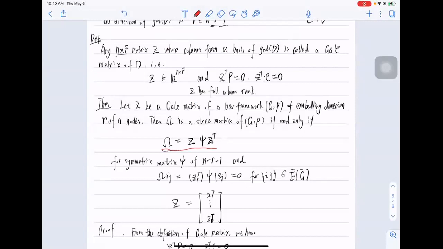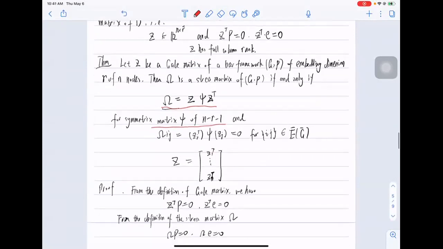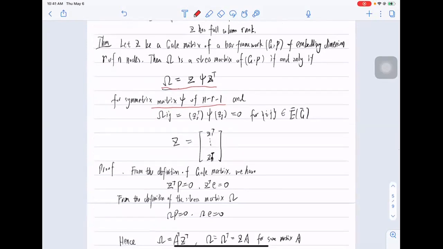Z is the Gale matrix, and phi is a symmetric matrix of size n minus R minus 1. And of course, we require that the omega ij entries corresponding to the non-edges are zero. So that's the characterization of the stress matrix using the Gale matrix.